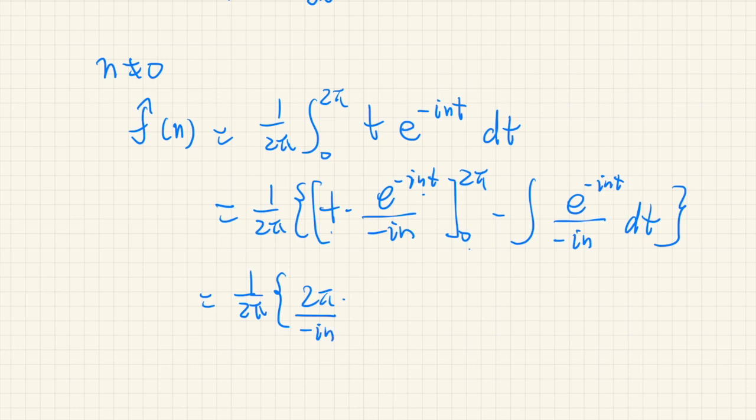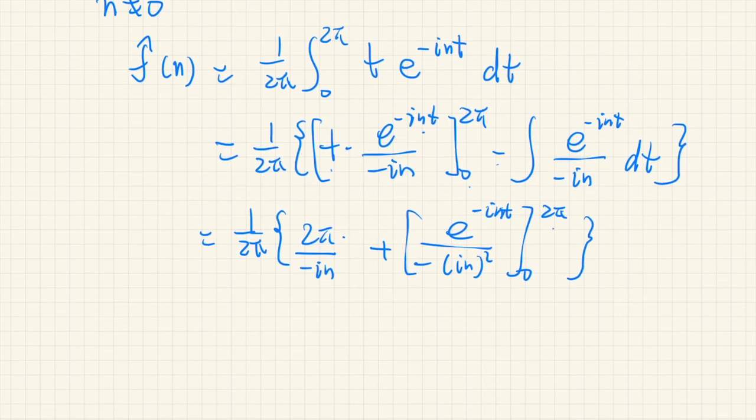Okay, so this one, negative, negative, so that's positive, and let's see. So negative i n squared, and e to the negative i n t from 0 to 2 pi.